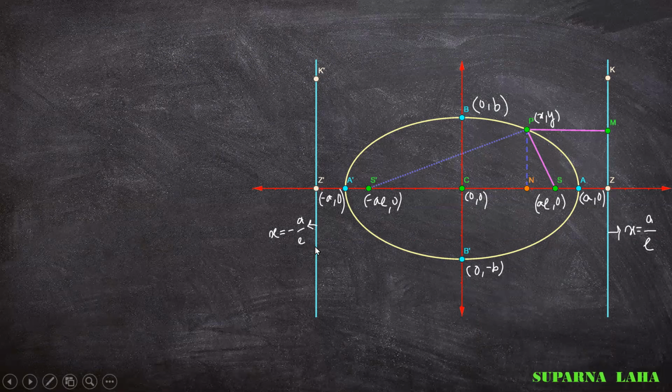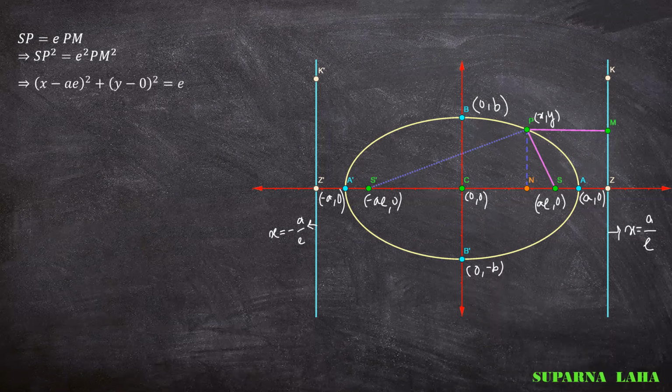Now let us establish the equation of the ellipse. According to the definition, if we take any arbitrary point P on the ellipse, then SP and PM are in a constant ratio, so SP equals e into PM. Now what is SP? The distance between these 2 points S and P. The coordinate of P is x comma y and the coordinate of S is ae comma 0. So you can easily write down the distance between these 2 points.